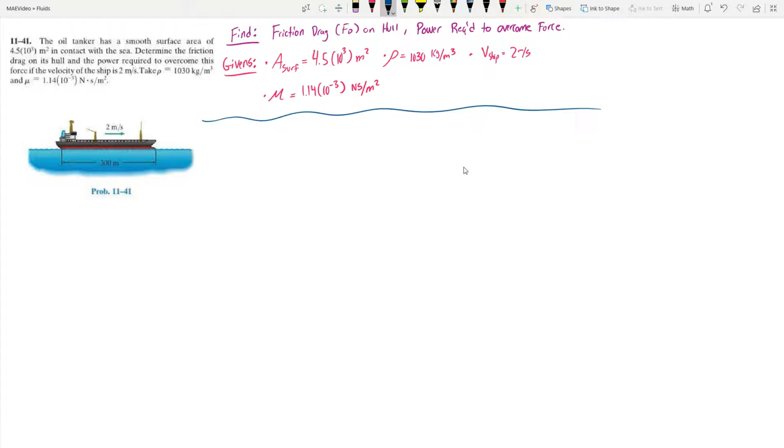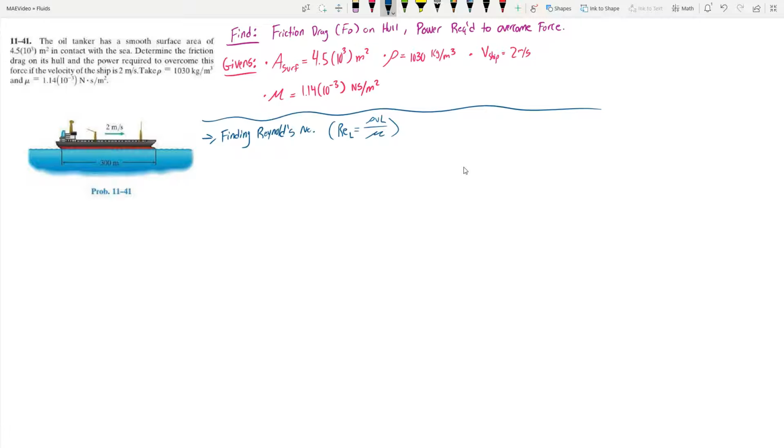So recall, the Reynolds number is rho v L over mu, or rho v D over mu. It depends what kind of flow this is. In this case, we're going to write it in terms of characteristic length, because the flow is external flow across a flat plate, we can say.